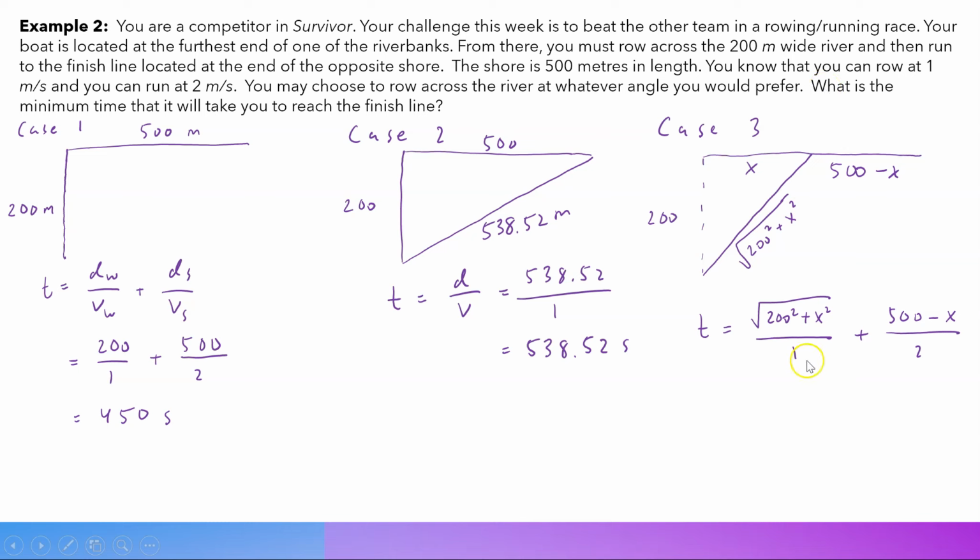And then along the shore, the distance you would have to travel is 500 minus x divided by the speed at which you can run, which is 2 meters per second.